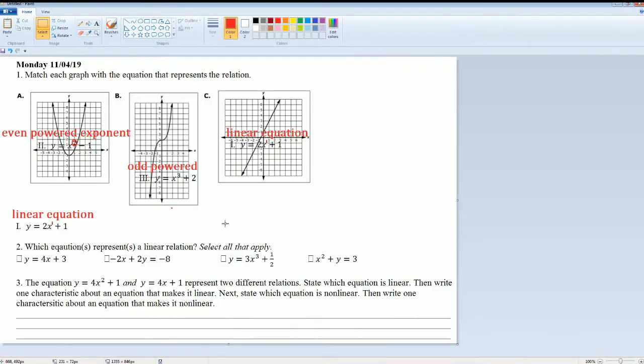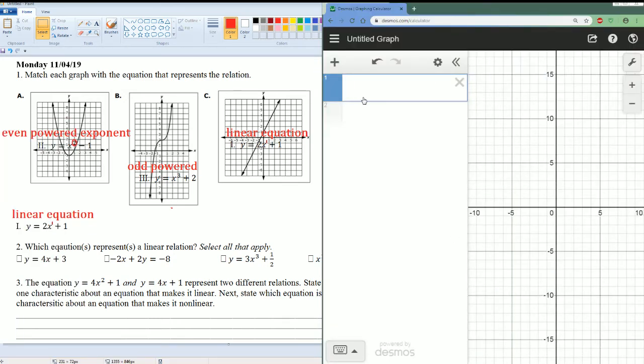Okay, next one, which represents a linear function, linear relationship. Select all that apply. Again, there are two criteria that we looked at. We're going to figure it out after we do number 2, or you could remember the core concept. So let's just graph it in Desmos and we'll see. The first one was y equals 4x plus 3.